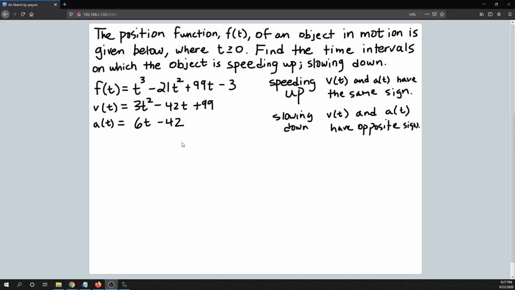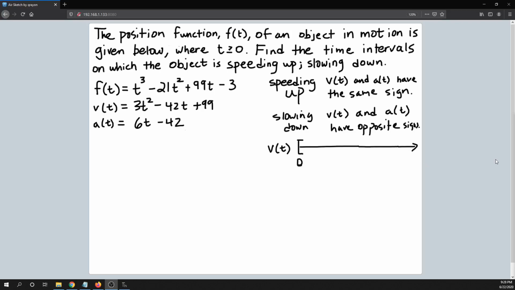I'm going to draw the sign diagrams over here. So one for the velocity. Remember, t starts at 0, so my sign diagrams are going to look like this. Since we're talking about polynomials, their domain is usually all real numbers, but in this problem, they restrict the domain down to 0, because that's just normally how these kinds of models operate.